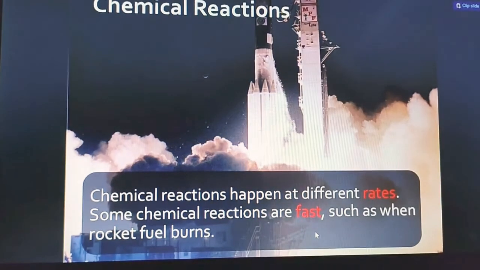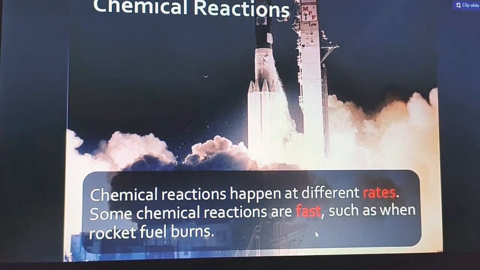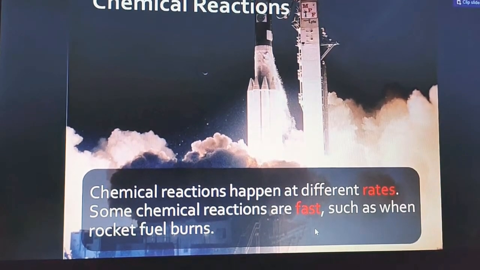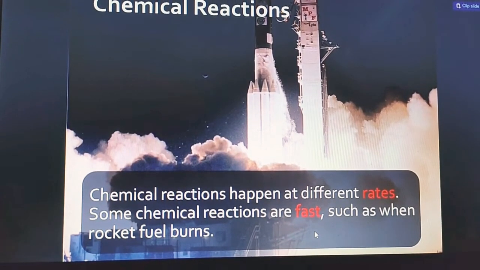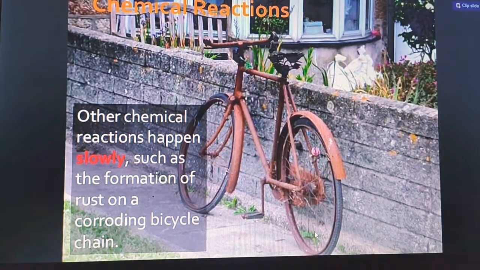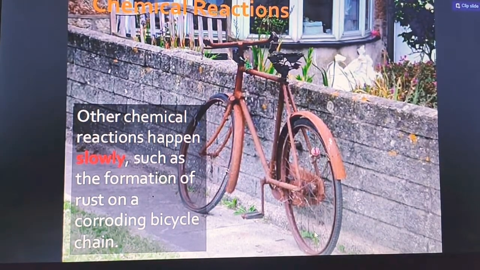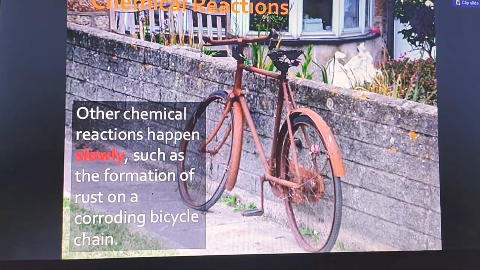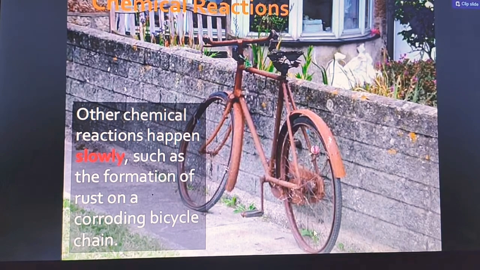Now, chemical reactions happen at different rates. Some chemical reactions are fast, such as when rocket fuel burns. This is a fast reaction. Other chemical reactions happen slowly, such as the formation of rust on a corroding bicycle or chain.